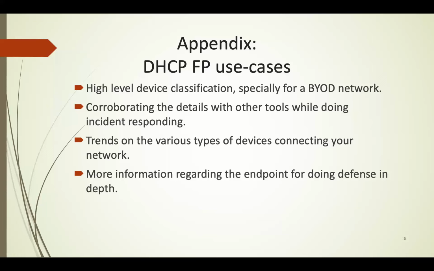And you can correlate that information with other sources of information that you get out of your different kinds of logs. So those are the high level uses of DHCP fingerprinting. Some people might have different use cases, and I would be interested to know what they are using DHCP fingerprinting for. But those are the very general, common use cases that people come up with whenever they are using DHCP fingerprinting on their network.